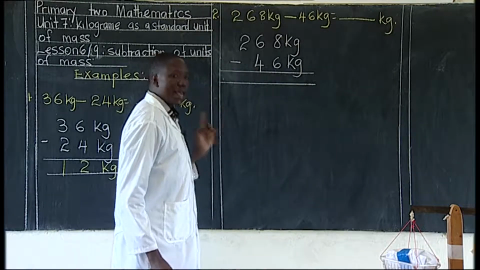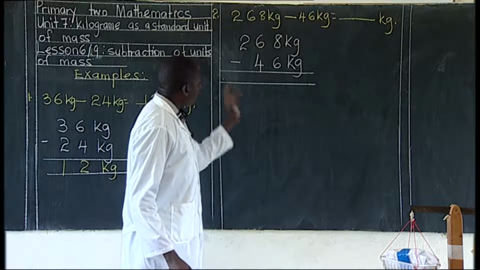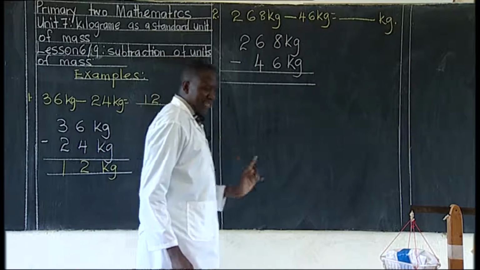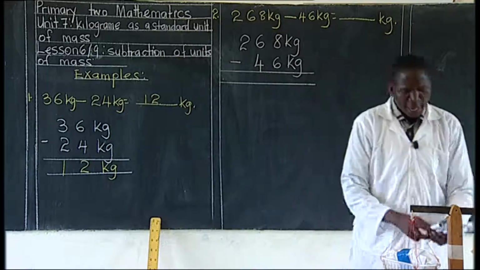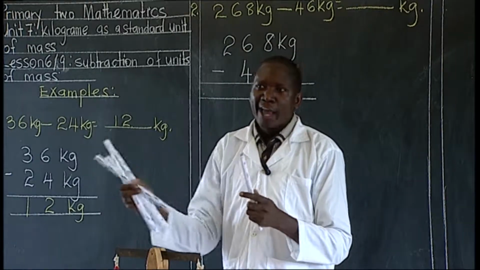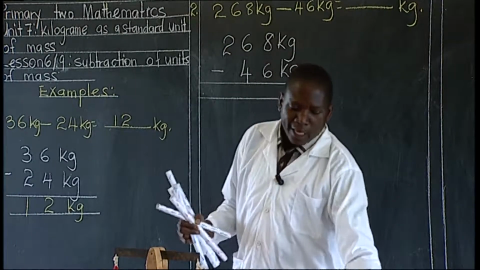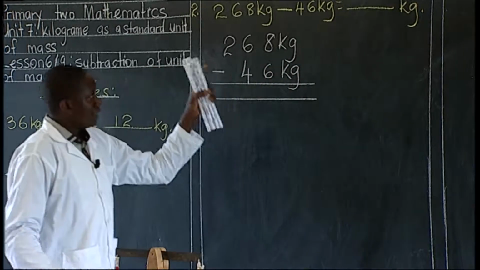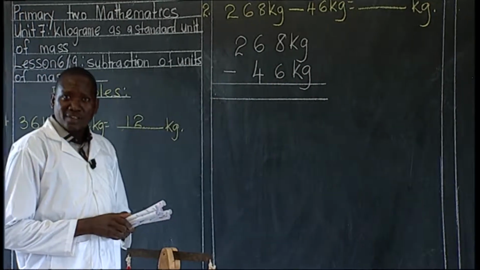After underlining, we are going to count. 8, take away 6. We are going to subtract, okay? So let's count 8 counters. 1, 2, 3, 4, 5, 6, 7, 8. Take away 6. Can we count?